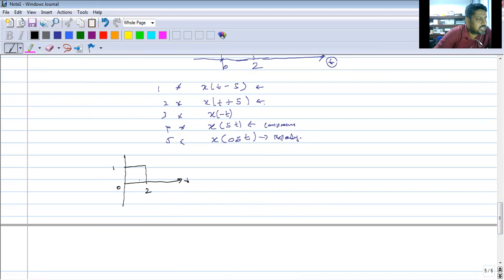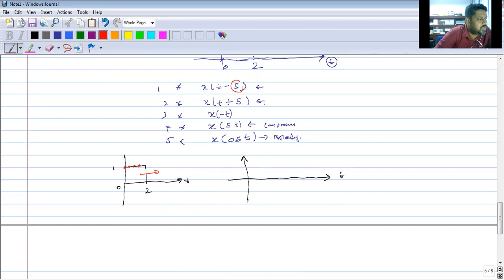So this is time, and you know that this is -5. That means the signal is shifted this way by this value 5. So all these points will move by 5 this way. So you can directly write it, without doing any calculation or thinking much about it. You can directly draw it.